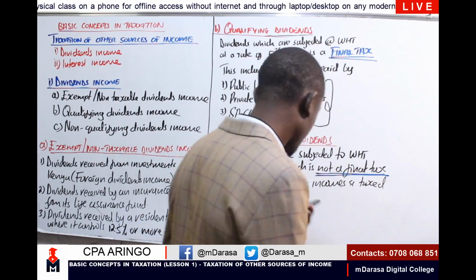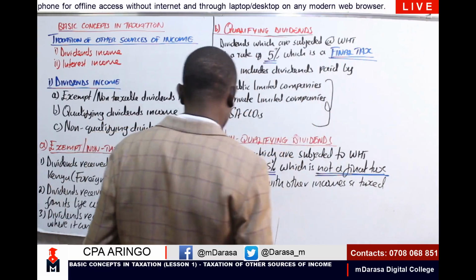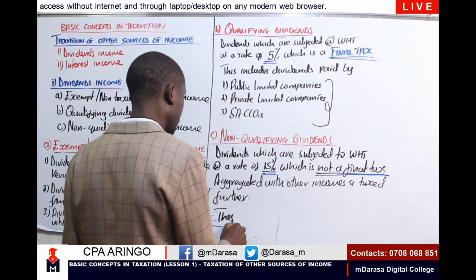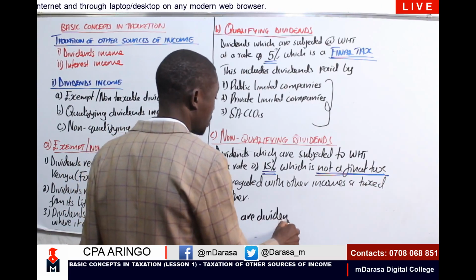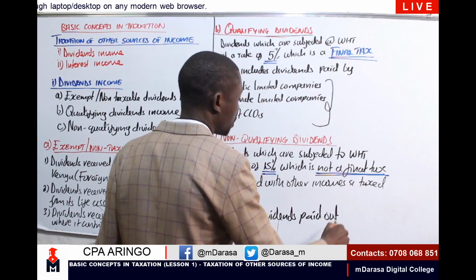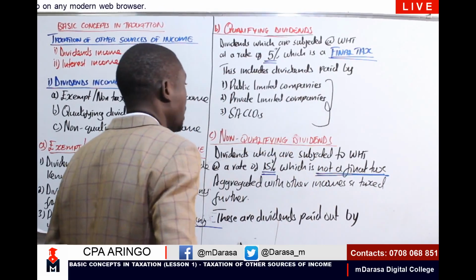In this case, we can note that these are dividends paid out by cooperative societies.